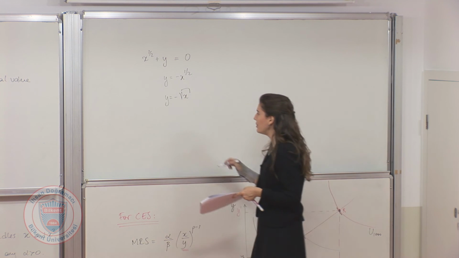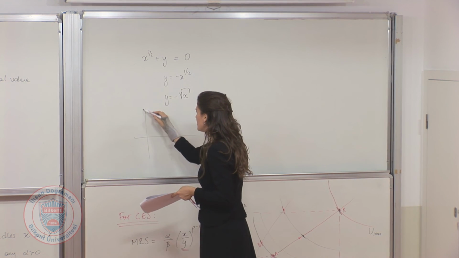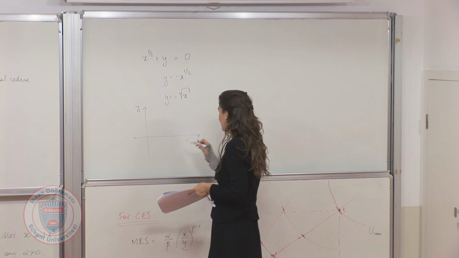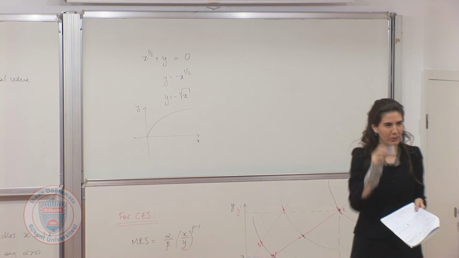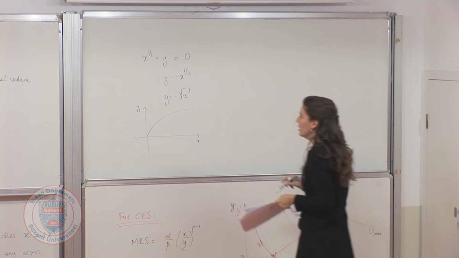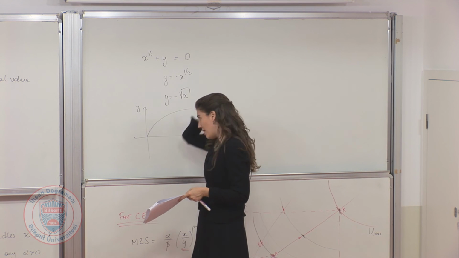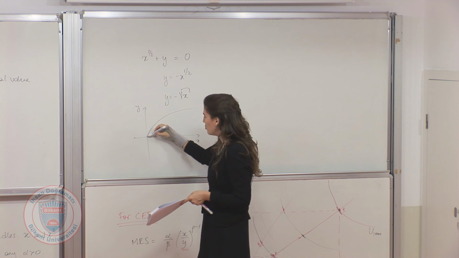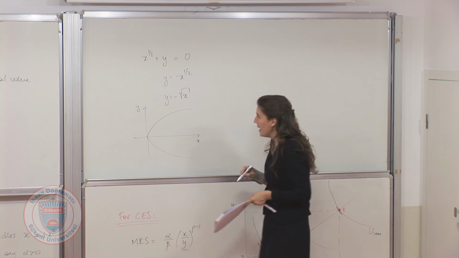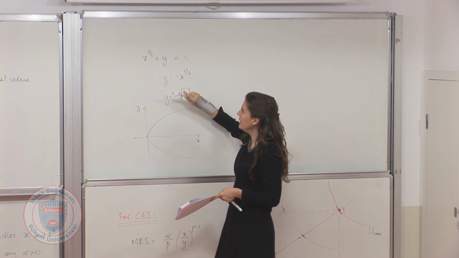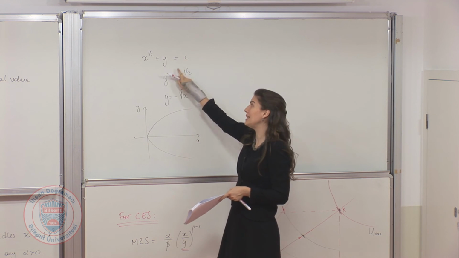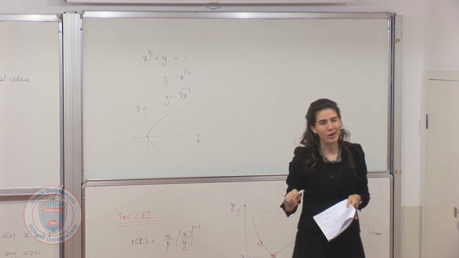So how do we draw the square root of x? This is y, this is x. It's like this. And the minus would be symmetric with respect to the y equals 0 axis, so it would be something like this. If I put not 0 but c, it's going to be y equals c minus square root of x.